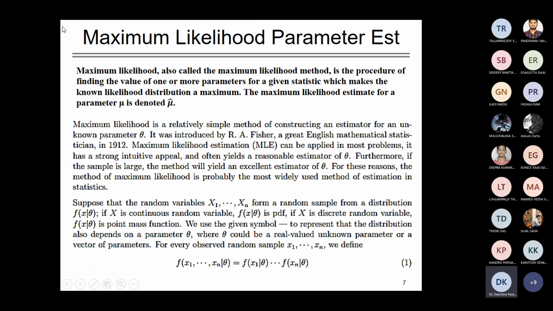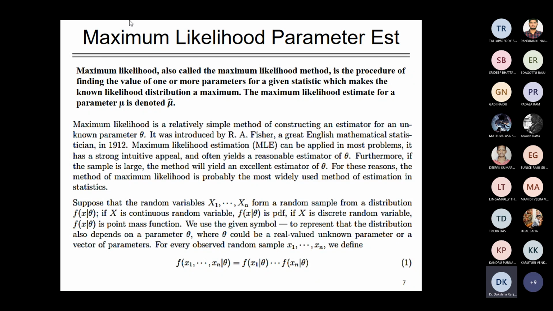Now we will start talking about the maximum likelihood parameter estimation technique. Here, maximum likelihood parameter estimation is a procedure of finding the value of one or more parameters for a given statistic, and it makes the known likelihood distribution a maximum.